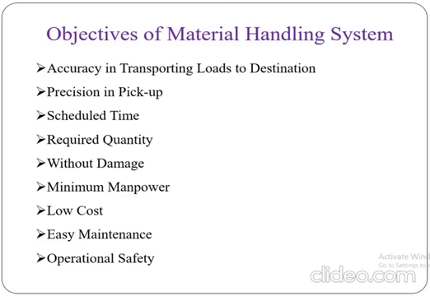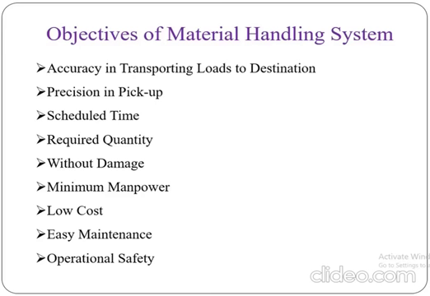Then easy maintenance, or we can say simplicity. The material handling system should have a simple arrangement, and conveying equipment nowadays is assembled from standard units. The different standard mechanical and structural components or units are assembled to form a material handling system, to standardize, improve the performance of the system and reduce its cost.